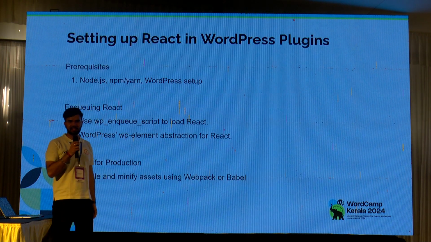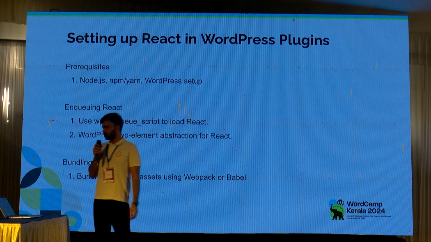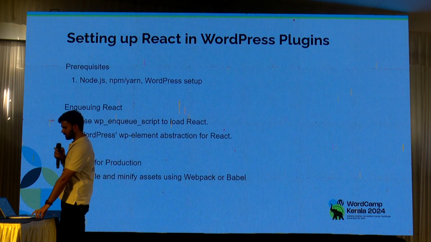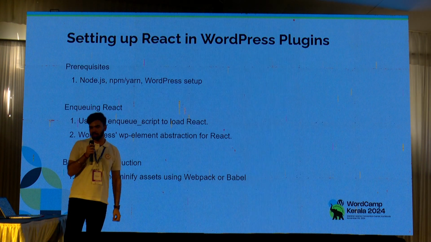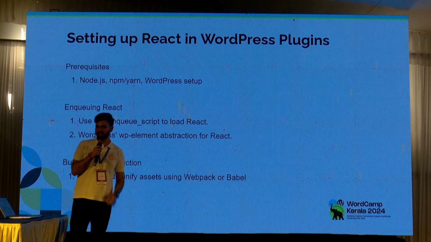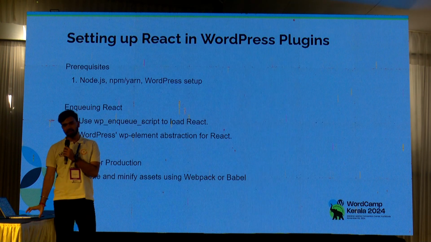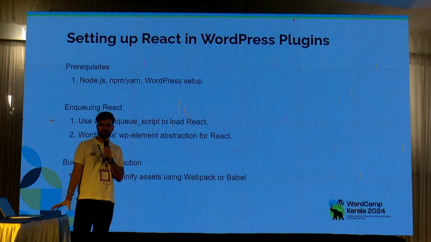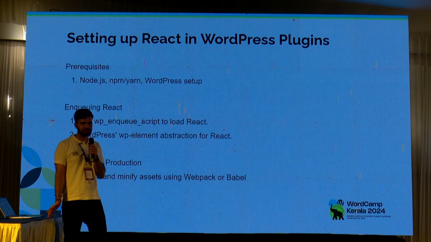Moving forward, setting up React in your WordPress. So prerequisites to get started, you need to have Node.js on your system and npm or yarn and obviously a WordPress setup on which you are going to load it, right? So it is just as simple as that, and you have to just enqueue a specific script, for which you can use the wp_enqueue_script hook.